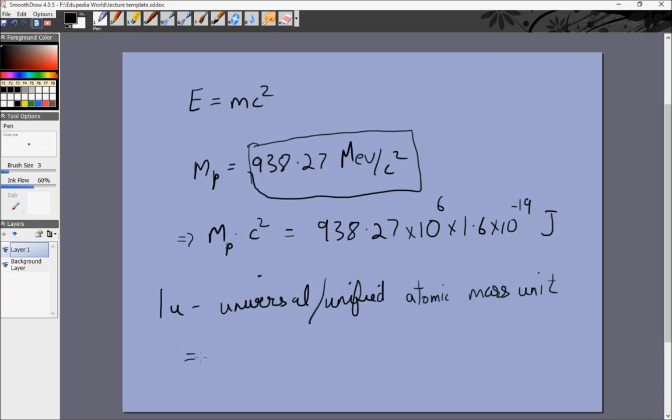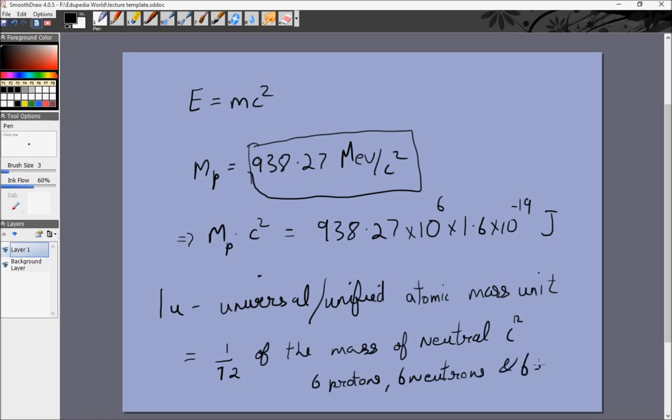And its value is equal to, you've probably seen this before, 1/12 of the mass of neutral C12, that is the standard carbon 12, which has 6 protons, 6 neutrons and 6 electrons.